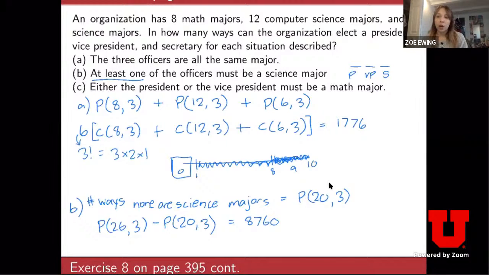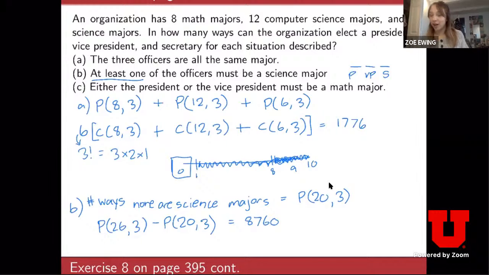So because of the inclusion-exclusion principle, we could either count up all the ways that the president is a math major plus all the ways that the vice president is a math major and subtract their overlap, or we can calculate how many ways we get the president is a math major and specifically the vice president is not, or vice versa, and then add their overlap instead of subtracting it.